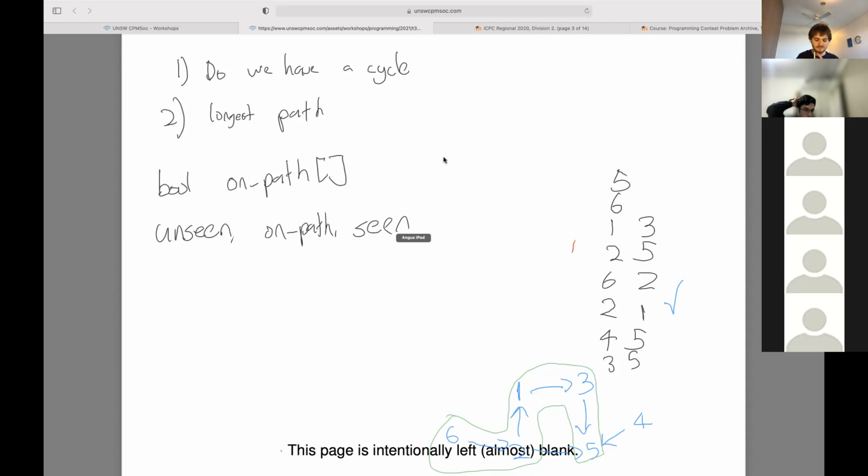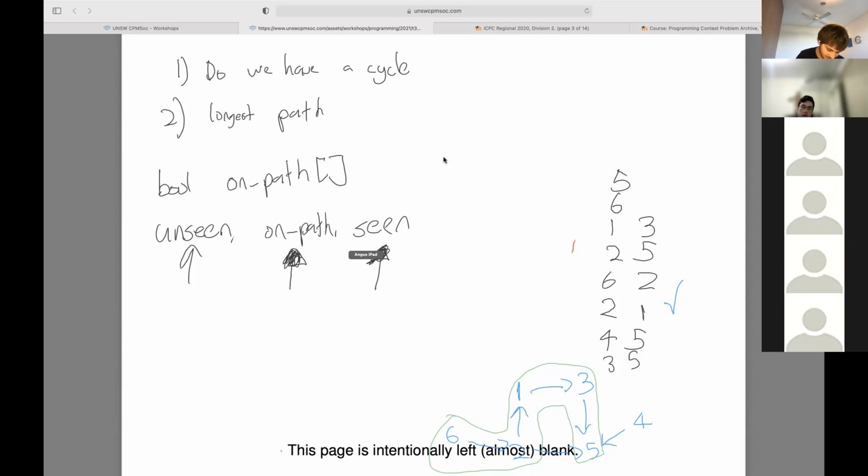If our DFS hasn't visited a vertex before, it's unseen. If our DFS has visited a vertex and it's currently on the recursion stack, then it's on path. If we've visited the vertex and our DFS has returned for it, we call it seen. If we ever DFS to a seen vertex again, we know it's not in a cycle, because if it was, we would have found the cycle.